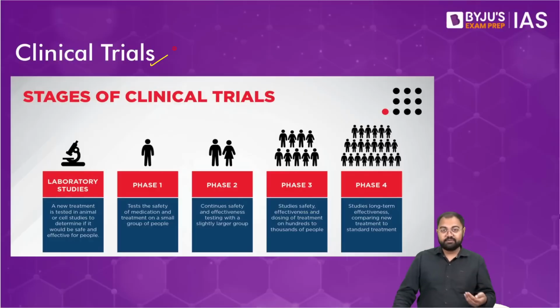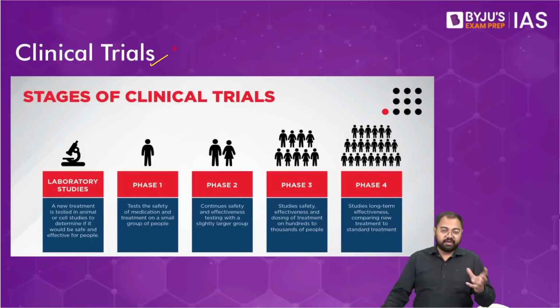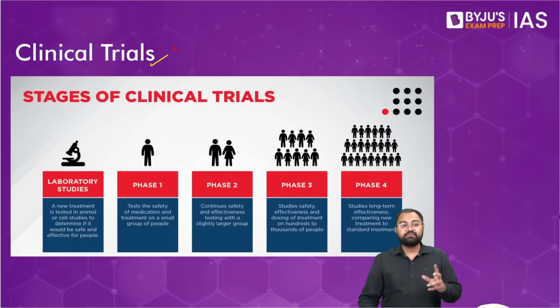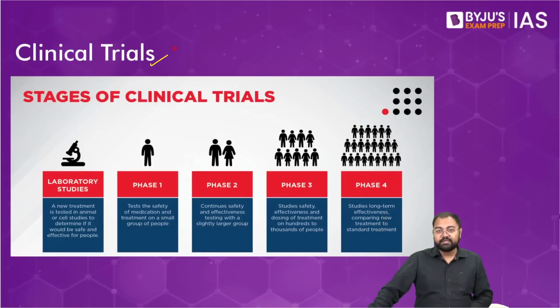It might be tested on some other animals which are genetically close to us, like monkeys or rats or rabbits, etc. On them, unfortunately, but this is how it goes. It will be tested on them, and we'll see their response. We'll see whether it is affecting them negatively or not, or it has only and only positive impact on them. So there are all these lab studies that will be done first.